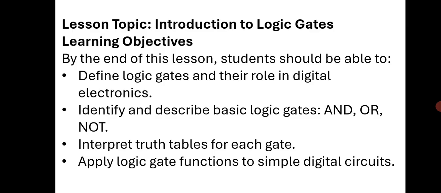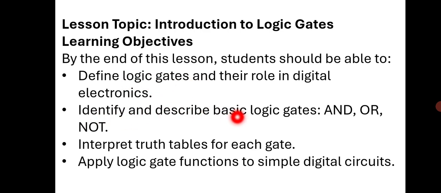It is hoped that by the end of the lesson, you should be able to define logic gates and state their role in digital electronics. So we shall give a definition of logic gates.